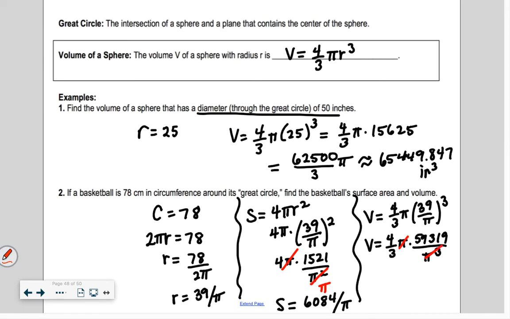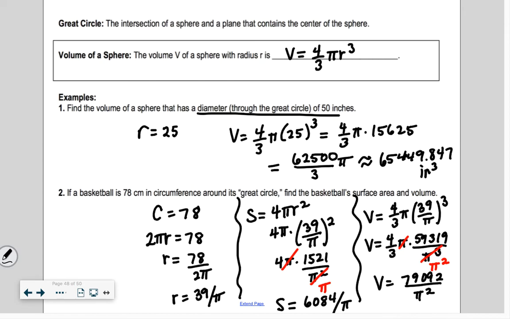The pi and the pi cubed reduce out to pi squared. Okay, these also reduce. So you can reduce those out, and then when you reduce them out, multiply by 4. So you end up getting, did you guys get this number, 79,092 over pi squared? That would be the exact answer for volume.